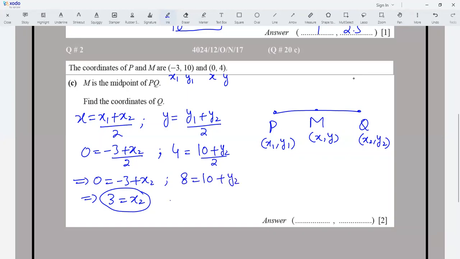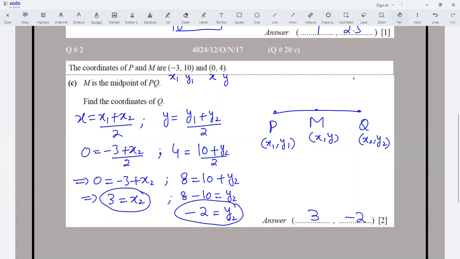Bring that 10 to the other side, so 8 minus 10 equals y2. 8 minus 10 is negative 2, which equals y2. So this is the y coordinate for point Q. We write these coordinates in the answer: x2 is 3 and y2 is negative 2. So this is the second type of question.